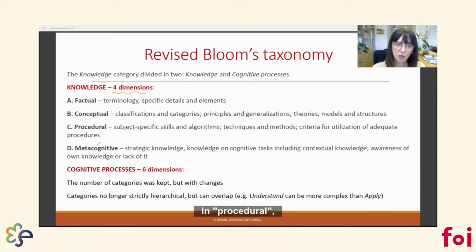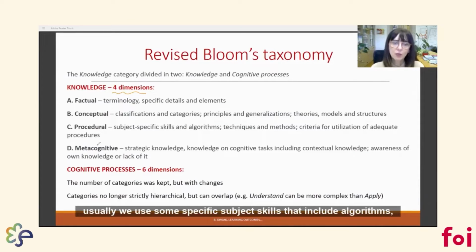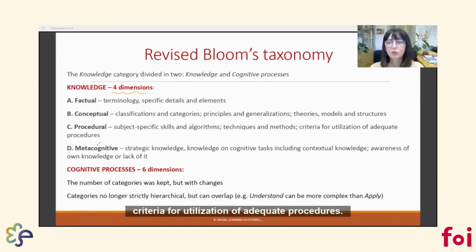In procedural, we usually use specific subject skills, which include algorithms, techniques, and methods that are specific for a certain subject, but also criteria for utilization of adequate procedures.